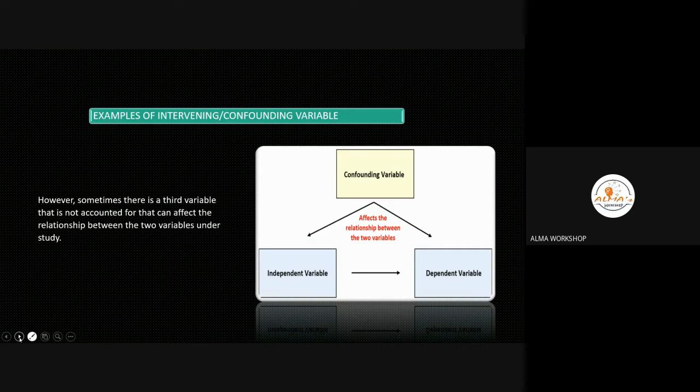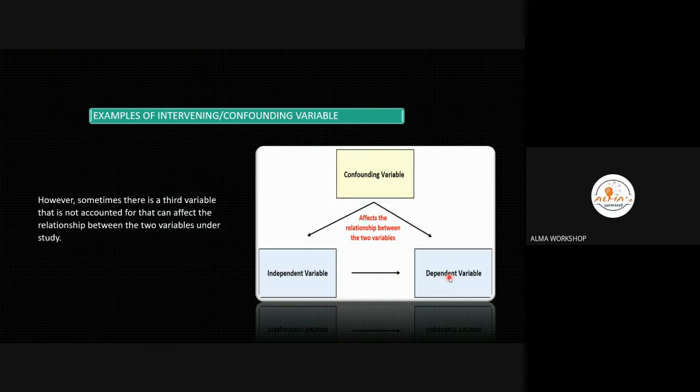I told you, for any experimental research, we have an independent variable and a dependent variable. You have a third variable, which is called the confounding variable or intervening variable. That variable will affect the relationship between the two variables. Say teaching effectiveness between class A and class B: you have the teaching styles, and you are trying to find the effectiveness.